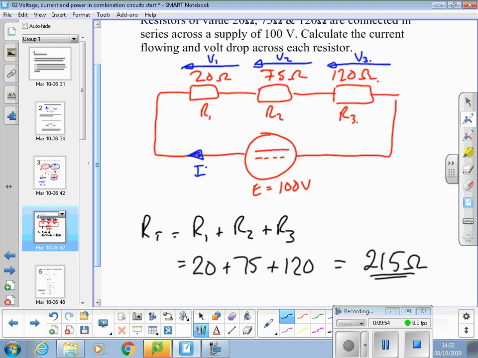Now what can we do? Now we've calculated the total resistance.